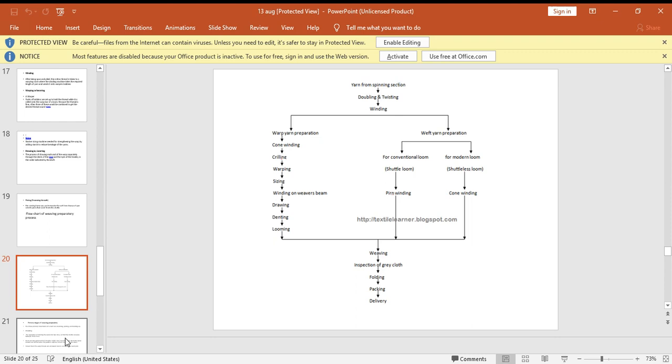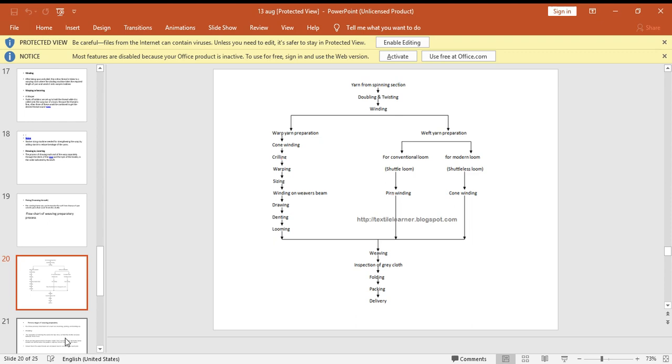In warp yarn preparation we have cone winding, reeling, then warping, sizing, beaming on the weaver's beam, drawing, denting, looming. And in weft yarn preparation, for the conventional shuttle loom, it is pirn winding, and for the modern shuttleless loom, it is cone winding. By combining these two, warp and weft yarn, we get interlacement of warp and weft, also called weaving.